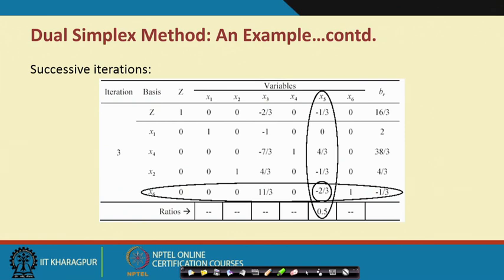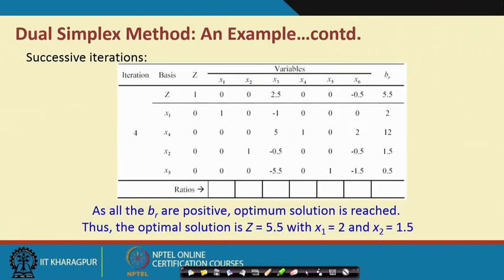That is how we are in a position to find out the outgoing and the incoming. So again, in this particular step, which you can call the final step, or the declaration of the optimality, we have reached the condition where all the b coefficients, that is the right-hand side constants, are positive.